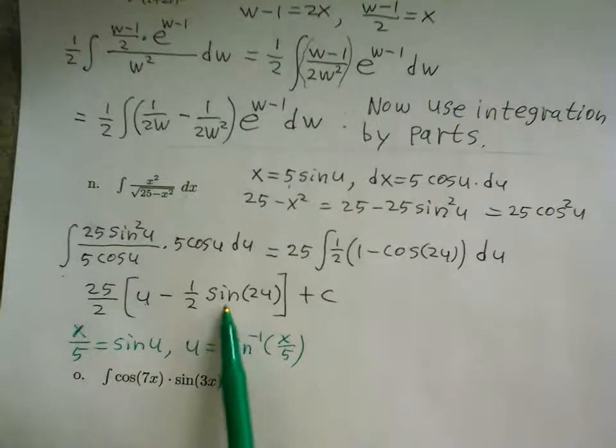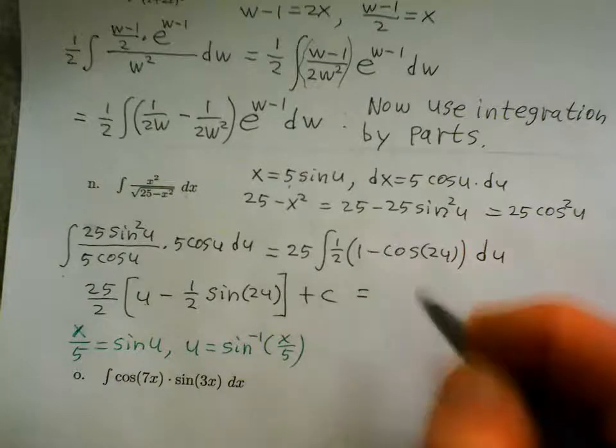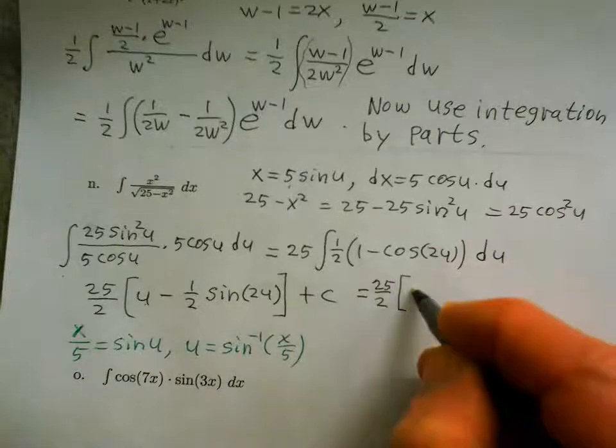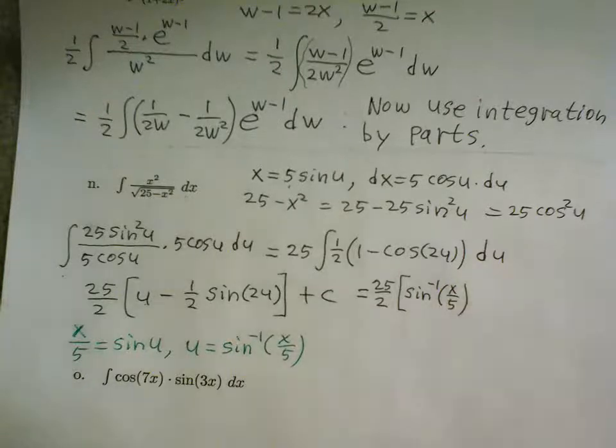What about sine of 2u? So this works out pretty nicely. Minus 1/2 times sine of 2u. So sine of 2u is equal to 2 times sine of u times cosine of u.